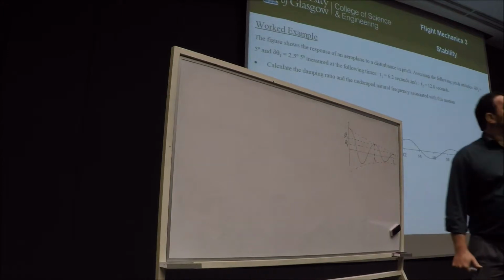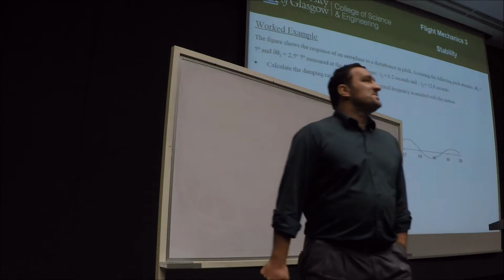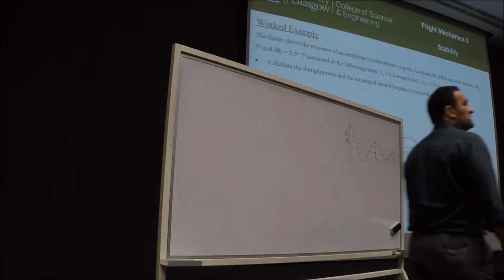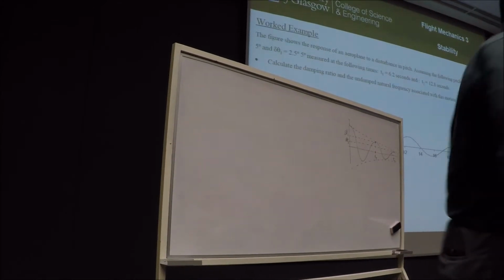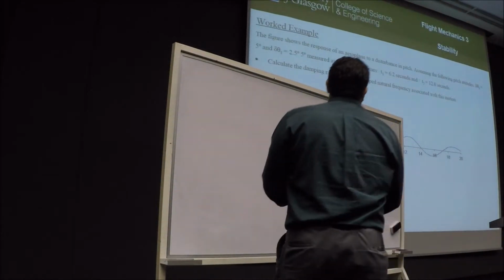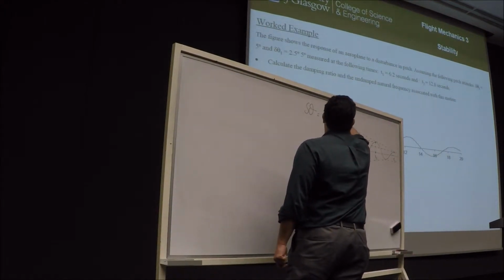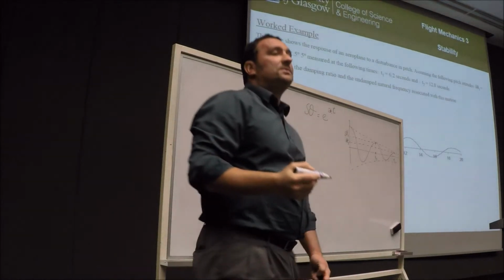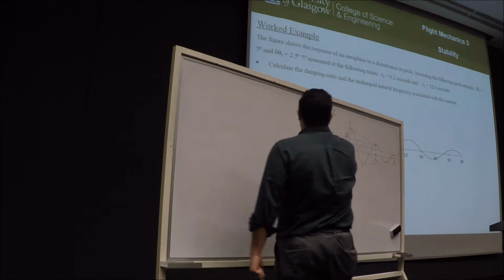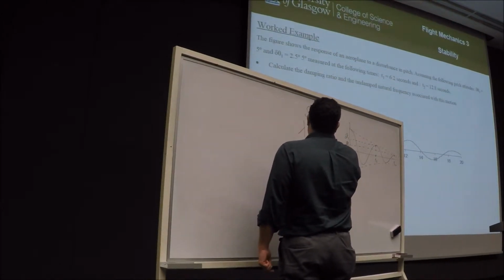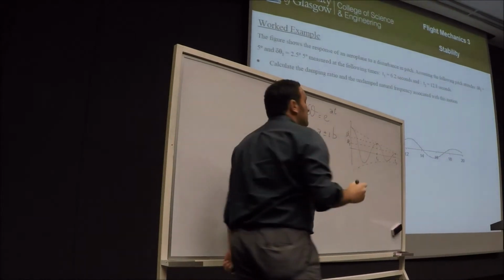Has an answer? Okay, the first thing we can say is that the envelope of motion will be given by this equation here, the solution of which will be of this form.